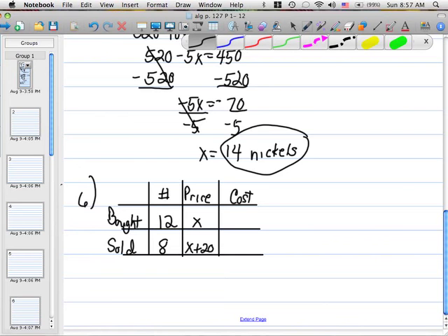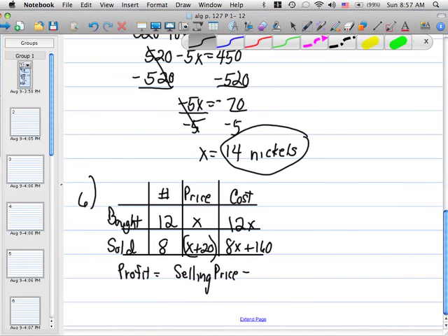So the total cost of how much she bought was 12X, and how much she sold her items for, use your distributive property, 8X plus 160. And here's your equation. Profit always equals your selling price, what you sold it for, minus how much you spent.